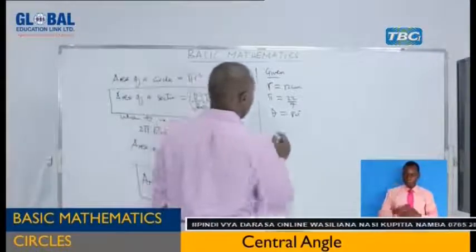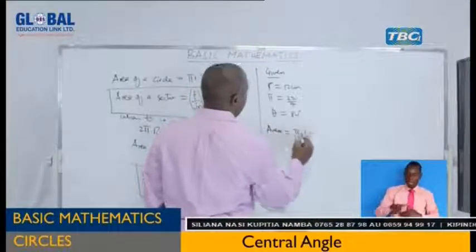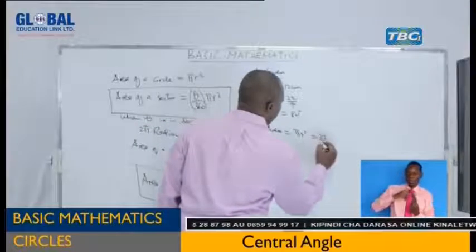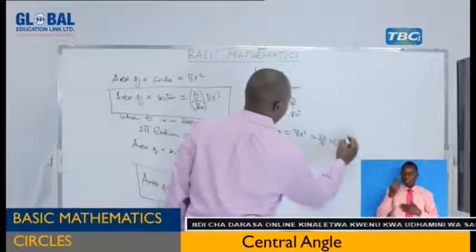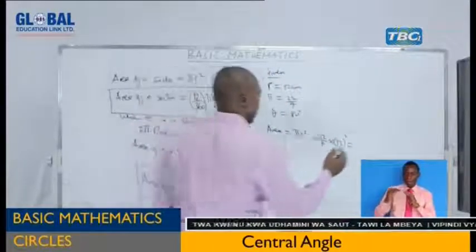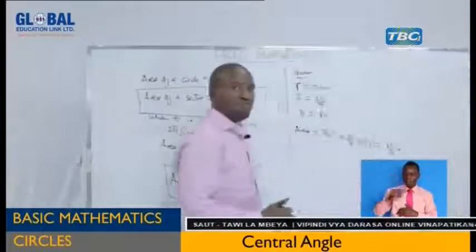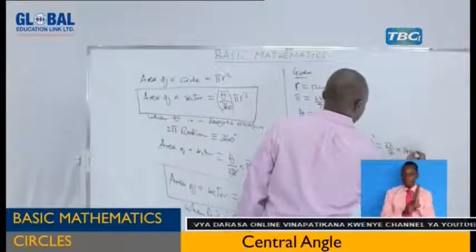That is, area of a circle is given by pi r squared. So in this case, we have 22/7 times radius 12 squared, the same as 22/7 times 12 squared, that is 144.